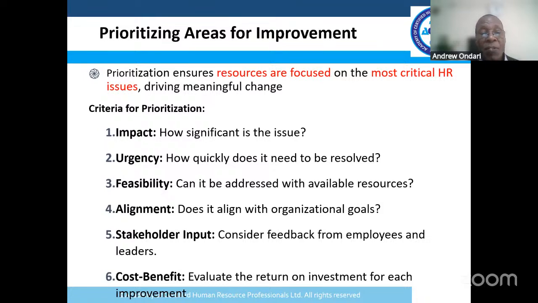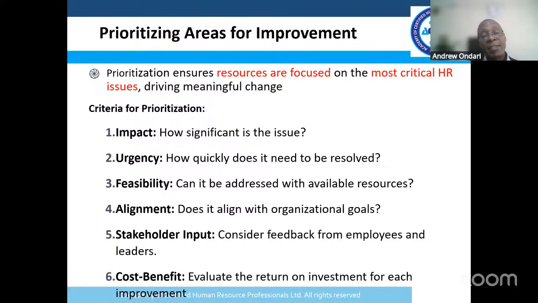I want to give an example of alignment. Suppose an organization wants to increase its customer base by 20% by the end of the year 2025.